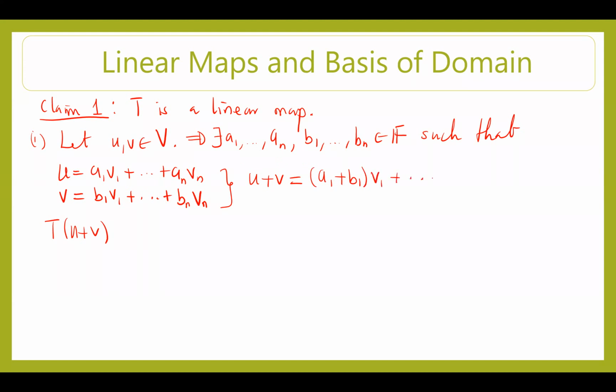I do the same for all of them. The last one will be an plus bn times vn. So if I'm applying T to the sum, I'm simply applying T to a1 plus b1 times v1 plus all the way to an plus bn times vn.